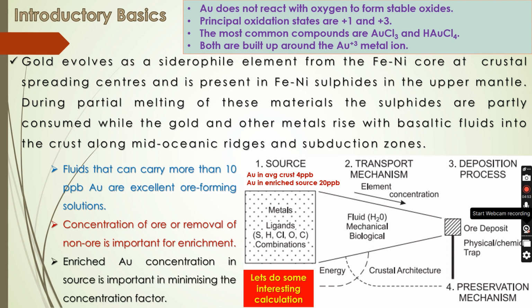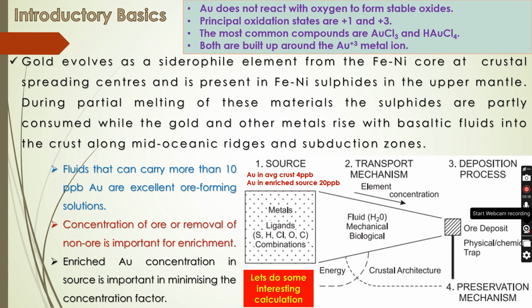Now, gold evolves as a siderophile element from the FeNi core at crustal spreading centers and is present in FeNi sulfides in the upper mantle. This is the preliminary stage. I am trying to evaluate how it evolved during partial melting of these materials.